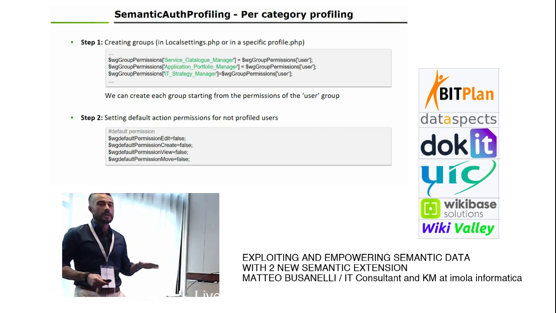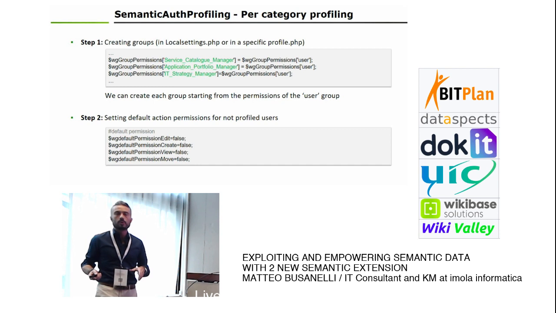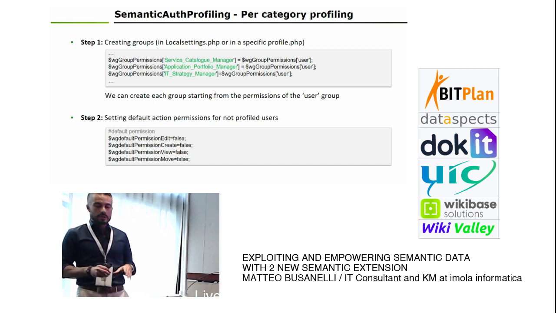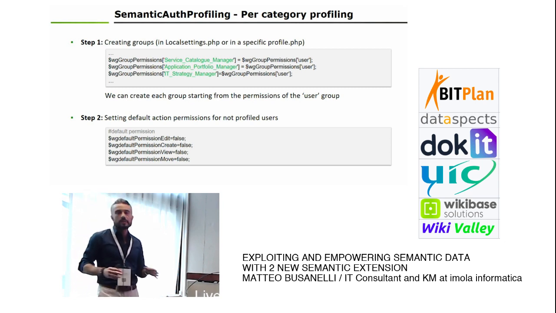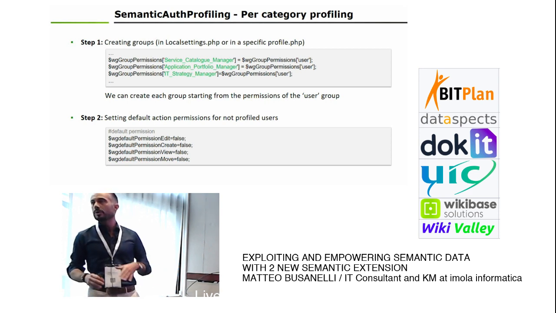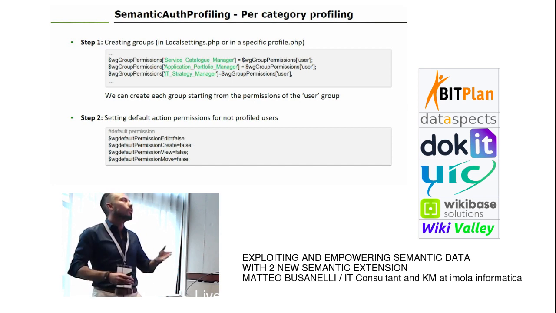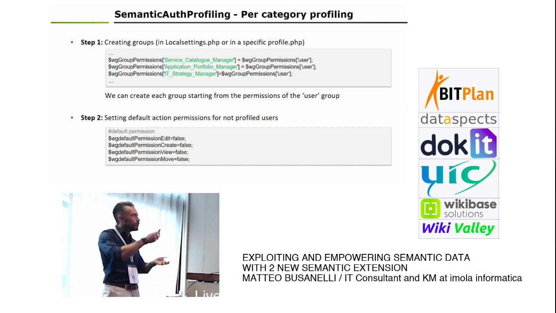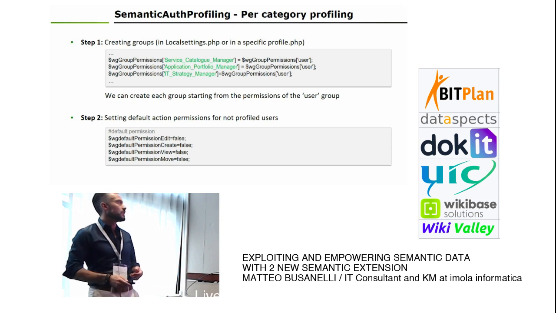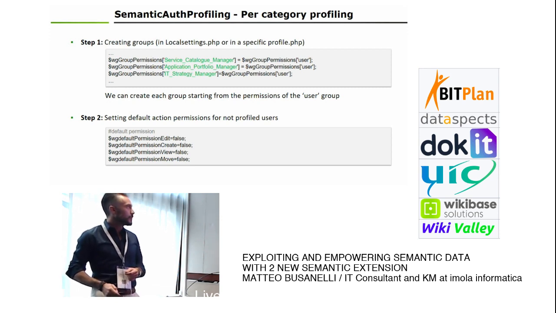So this is the way that we secure the case where a user doesn't belong to a specific group, or the extension has no information about what a user can do. We can say, okay, if you don't know anything about the user, no edit, no create, no view, or move. Or if you want, you can open this basic permission.